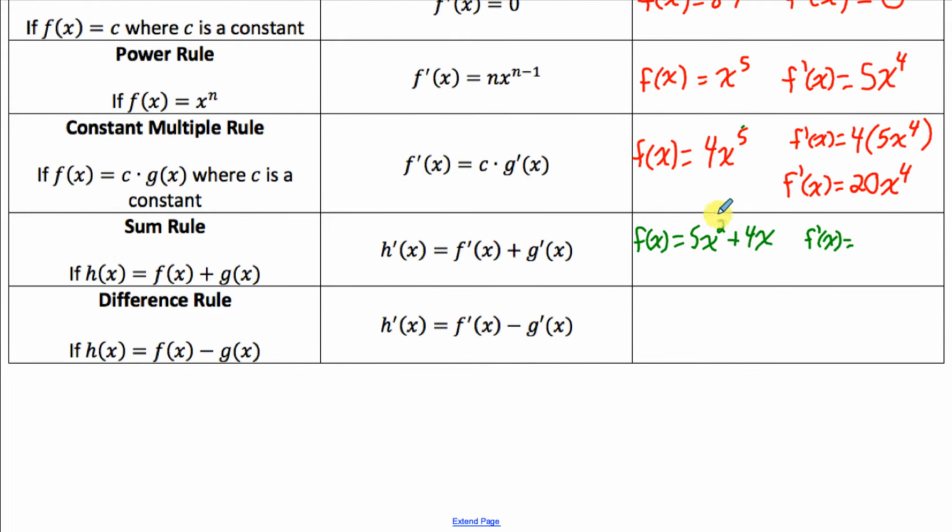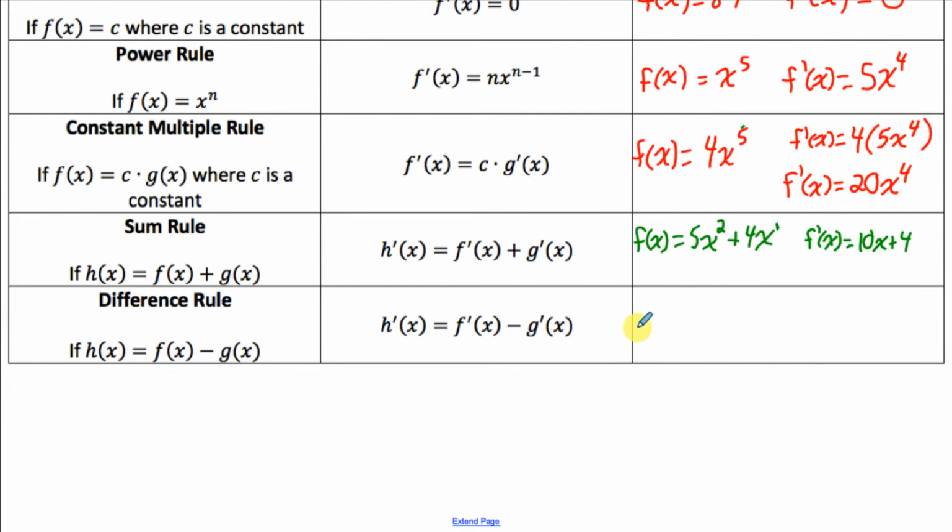So differentiate 5x squared, bring the exponent down, multiply it by the coefficient, so 2 times 5 is 10. x to the, reduce the exponent by 1, so it becomes 1. Plus, now keep in mind on this x, there's an exponent of 1. So 1 times 4 is 4. And then we'd have x to the 0, which means there are no x's. We don't have to write it. x to the 0 is just 1. So there's our derivative. And same thing if it was minus.